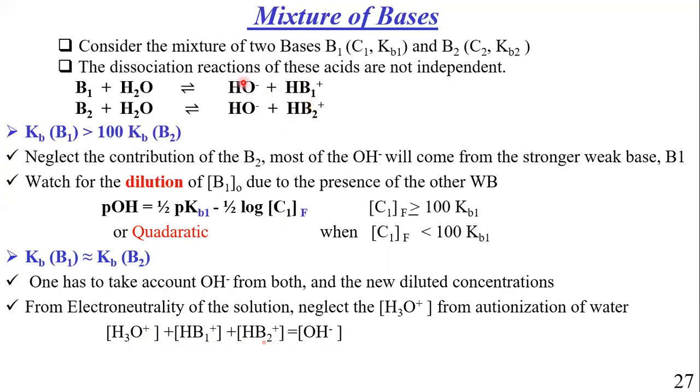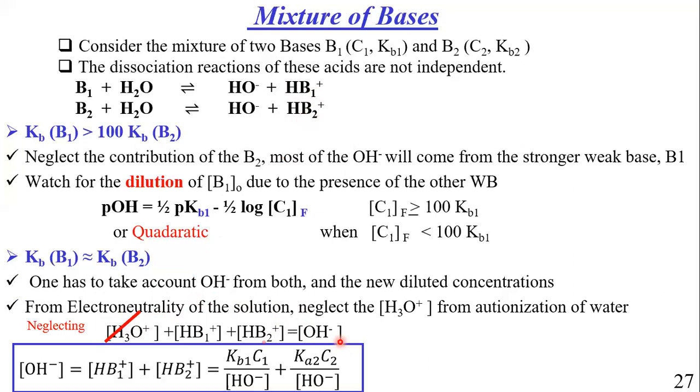I have OH minus, negative, on one side, and on the other side I have the positive species HB1 plus, HB2 plus, and don't forget the H3O plus from the autoionization of water, which contributes both H plus and OH minus into solution. But we're going to neglect autoionization of water, so H3O plus is negligible, and we get an expression.